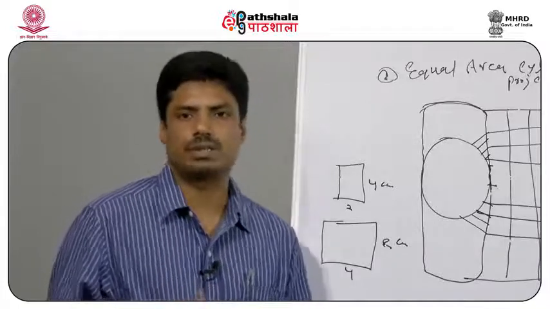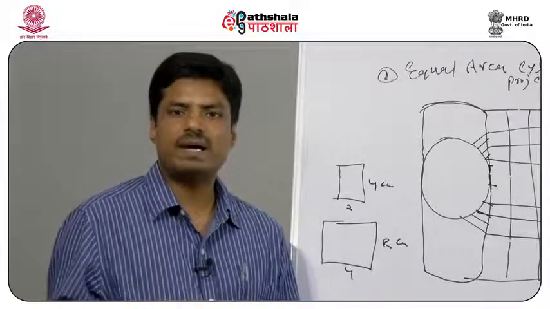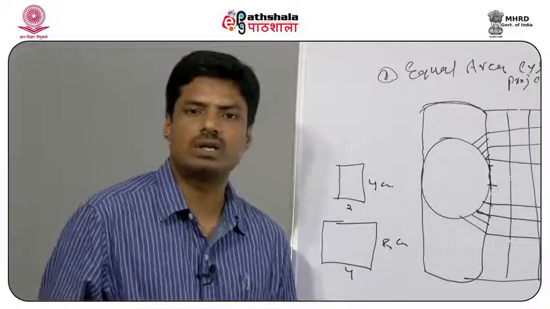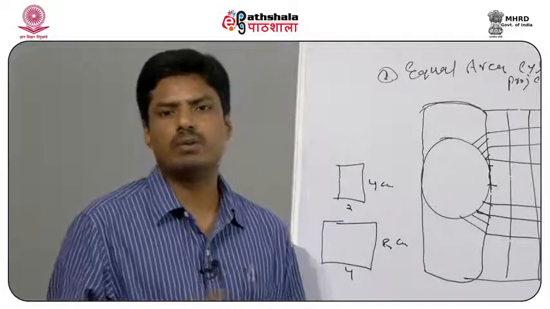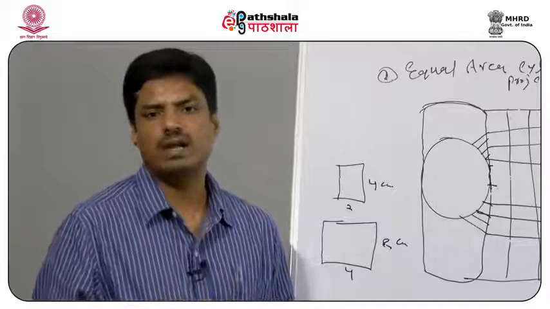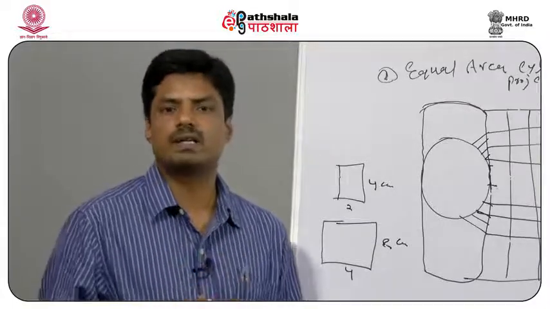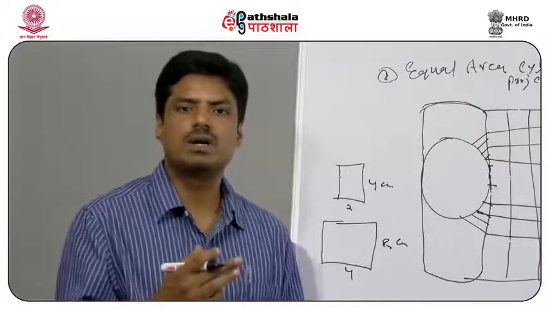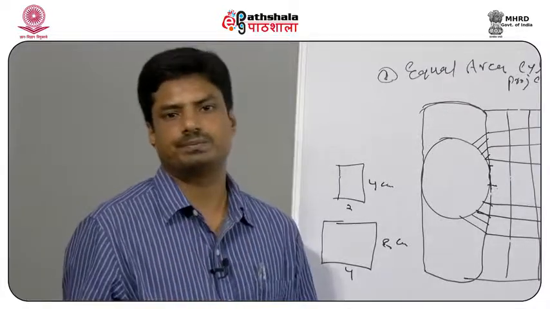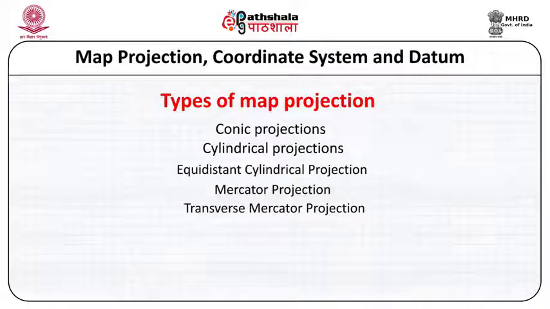With the passage of time, in the 16th and 17th centuries, people worked on Mercator's projection and tried to improve it. And the improved version of Mercator's projection is the transverse Mercator's projection. Transverse Mercator's projection is the modified version of Mercator's projection.